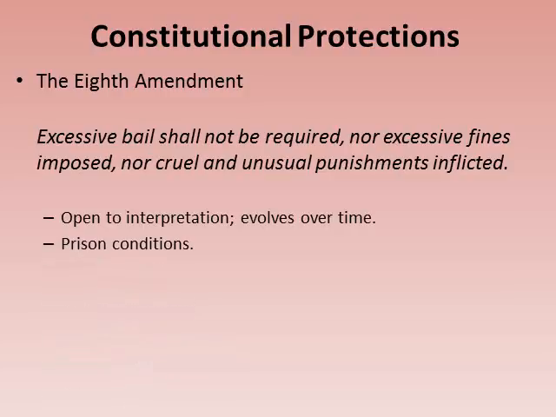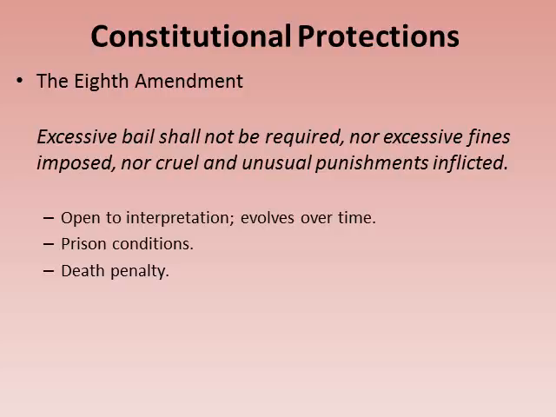But more than that, it's dealt with all kinds of things like prison conditions. Nowadays what might be an acceptable and humane way to keep prisoners might not have been 100 years ago, or vice versa, I guess. It's also been used with the death penalty quite a bit, with a whole lot of litigation over that. The death penalty has been chipped away at over the years, mainly through the Eighth Amendment.